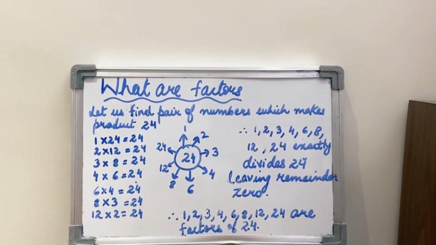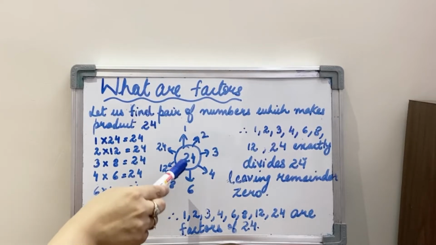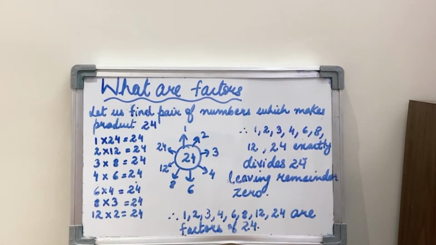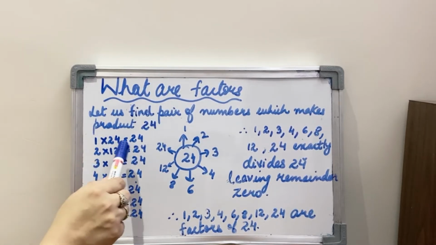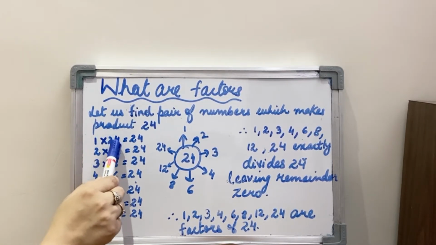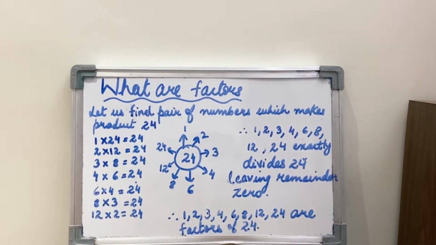Now there are some points which you have to keep in mind: 1 and the number itself will always be a factor of a number. You can see that 1 into 24, that means 1 and 24, the number itself, are factors, and 1 is always a factor of whatever number we take.